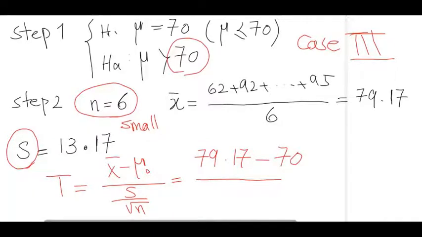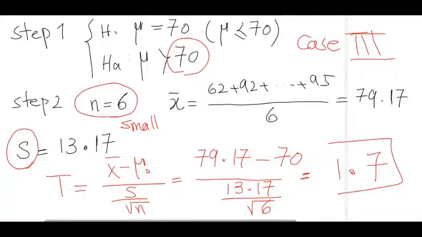S is 13.17 and n is 6. So the final answer is 1.7.